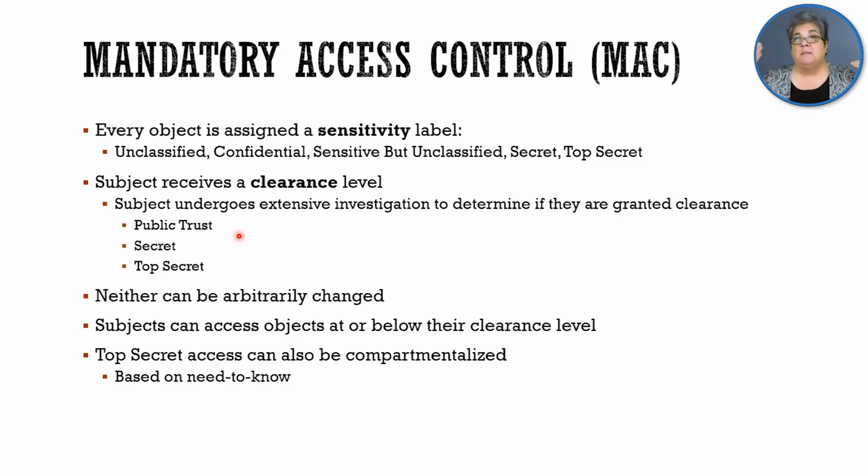I can't go up to top secret. If I only have a public trust, then I can access sensitive but unclassified, but I can't go up to secret. And I can't just bribe someone and say, hey, change this, because the process is so lengthy and so thorough and so involved. No one can just arbitrarily change something. They don't even have the administrative control to do it.